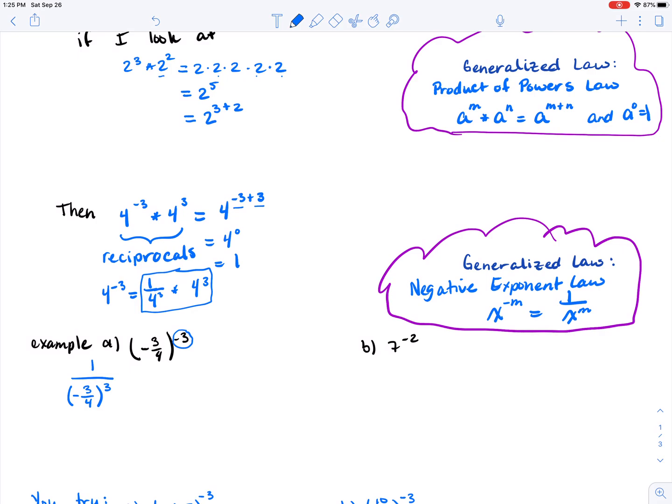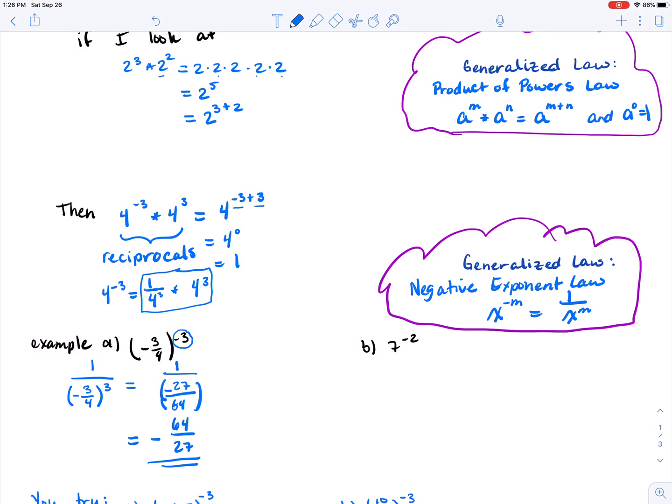If I evaluate this, because it's an exponent, I know it's 1 over negative 3 cubed over 4 cubed. 3 cubed is 27 and 4 cubed is 64. Because it's 1 over a fraction, I know that it's actually negative 64 over 27, or the reciprocal. And that's the answer there.